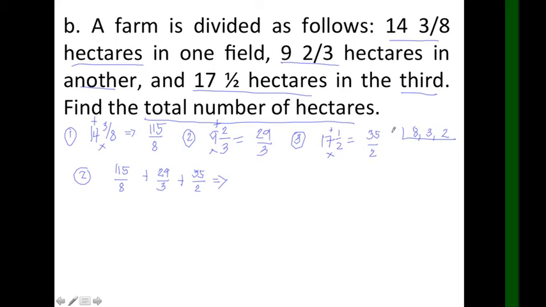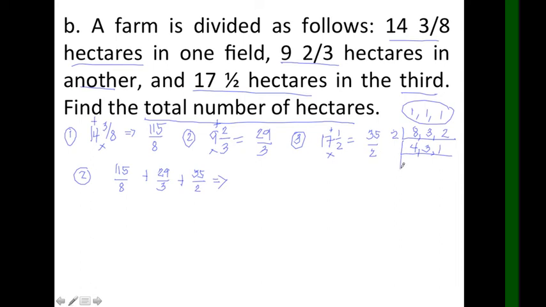So, I'm thinking about 2. 2 is the smallest prime number. So we have 2 divided 8 is 4. 2 divided 3 cannot be. Then 2 divided 2 is 1. Remember that in getting the LCD, using the ladder method, ang ating goal is to make them all 1. So, nakaisang 1 na tayo.